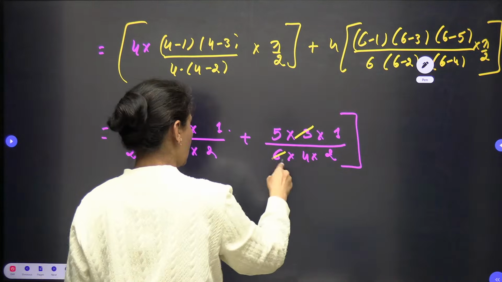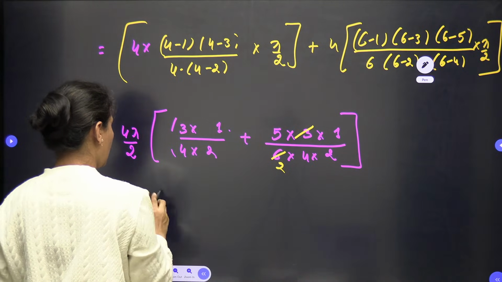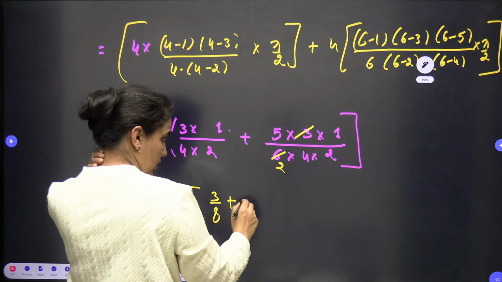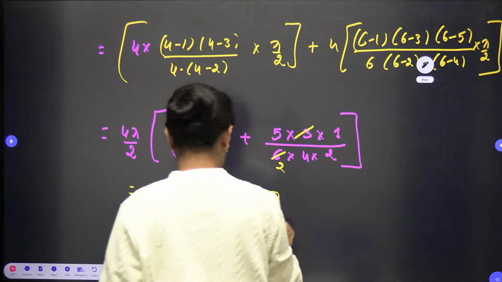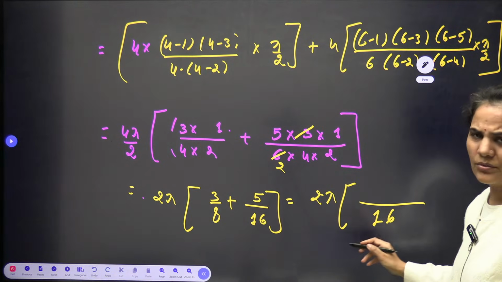If you want, you can solve it, this will be 2. So this is 4 pi by 2, which is 2 pi basically, times 3 by 8 plus 5 by 16. When we solve it, the LCM will be 16. If you want, you can simplify directly.